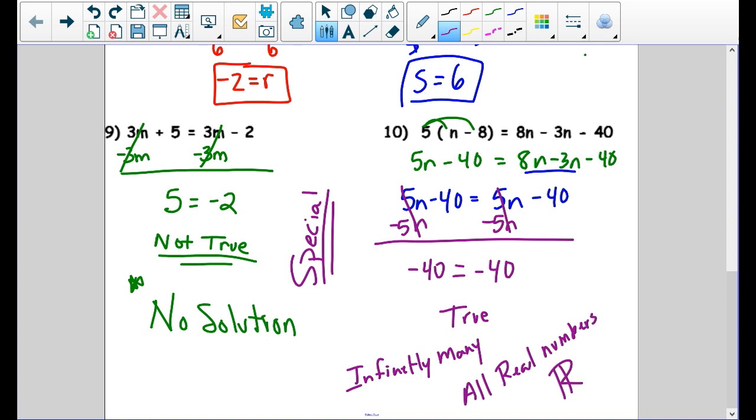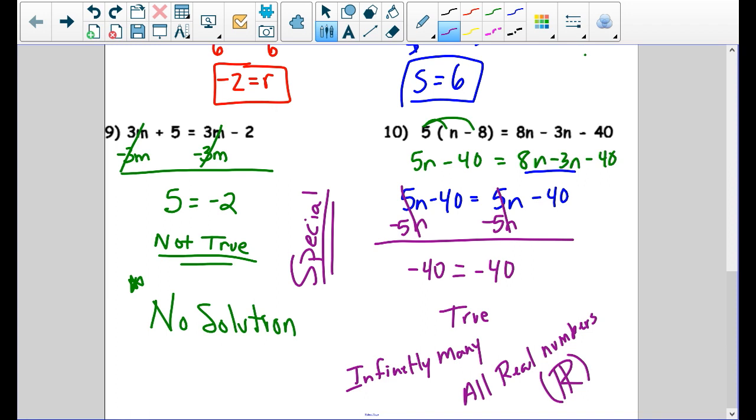It's like a double R. So that represents all real numbers. But it doesn't matter. I can take any number and plug it in there. I'm going to get the same answers. So any number works on this. All real numbers, infinitely many solutions.